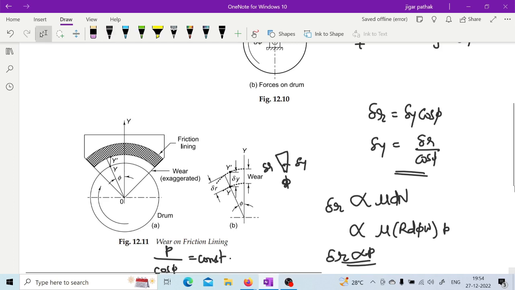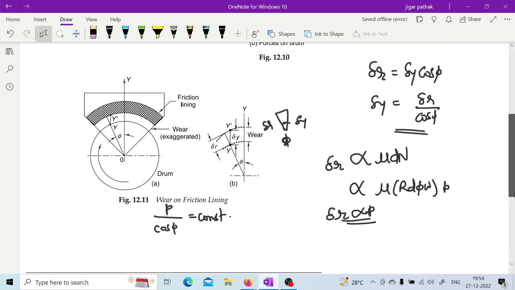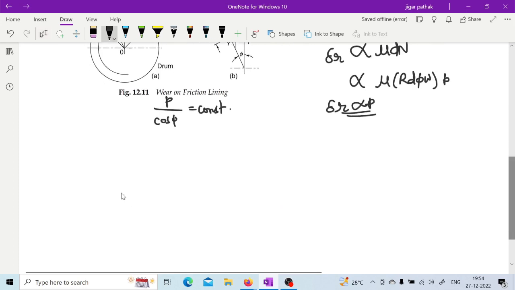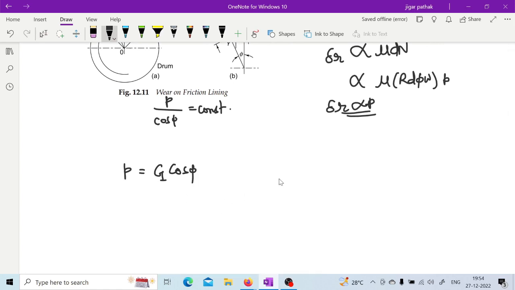Now if you take it further, then p is equal to c1 cos phi. For phi equal to 0 it is maximum, p is equal to p maximum. So it will give you c1 is equal to p max if you put phi equal to 0.